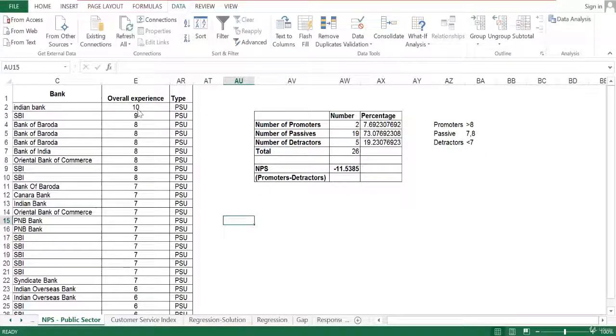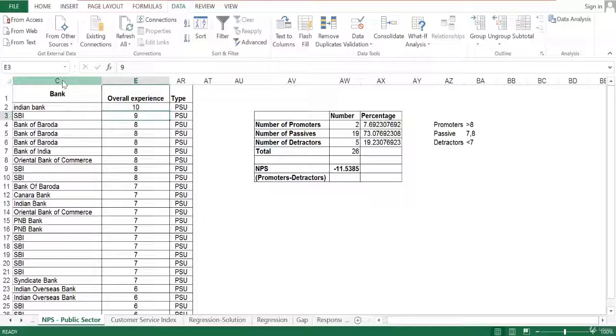We have listed all the banks and the overall number of promoters received. This is how you calculate the number of promoters, passives and detractors. Promoters have an overall experience rating greater than 8, passives have a score of 7 to 8, and detractors have a score of less than 7.